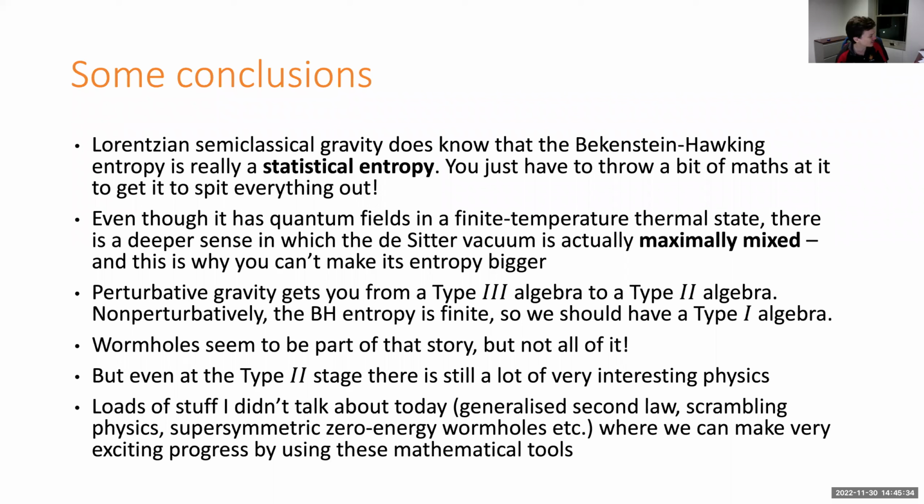There's actually a very different story that happens for one-sided black holes in AdS. At any finite N, they have zero entropy. But in the large N limit, if you do things in the right way, you still have a type 2 algebra that has an entropy that's the Bekenstein-Hawking entropy.